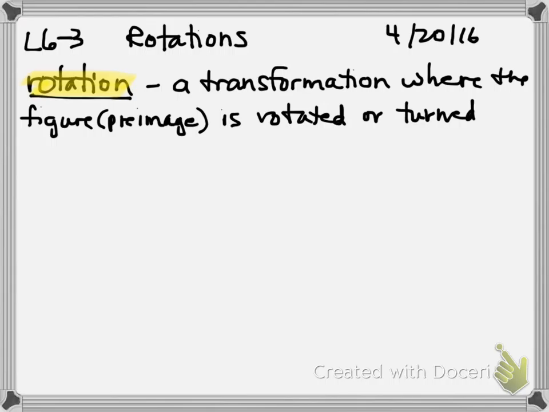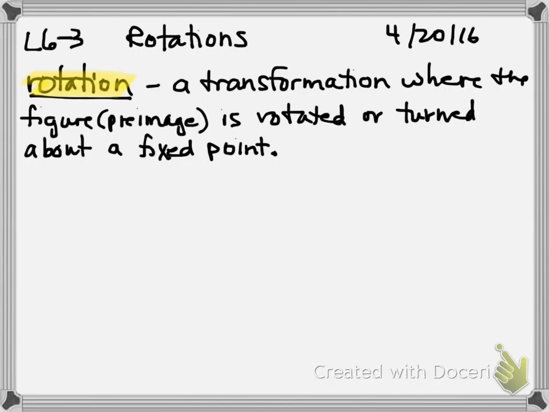So we rotate or turn a shape, but it's not just willy-nilly, that's very specifically done, and it's turned about a fixed point. When they say fixed point, it's a point that doesn't move. So rotation is a transformation where the figure, the preimage, is rotated or turned about a fixed point.